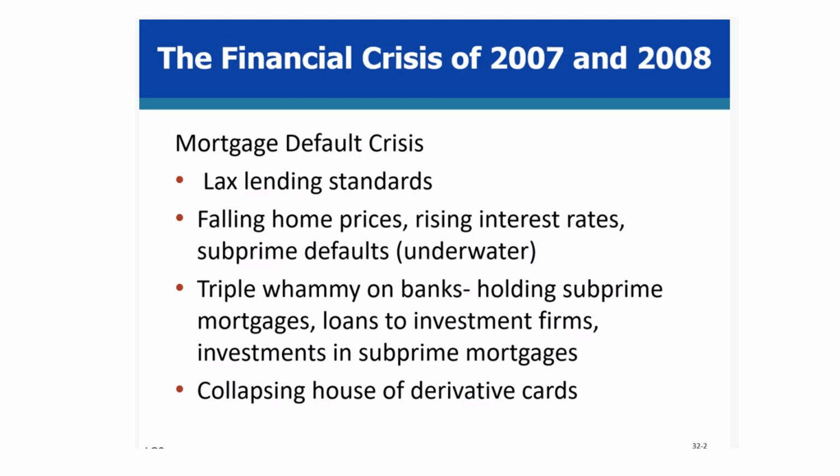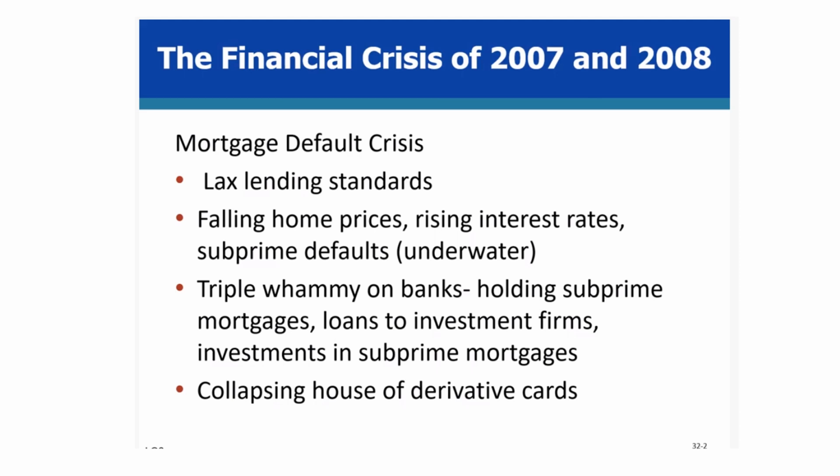Many Americans decided it's not worth it to continue to pay on a mortgage where the home price is worth far less than the mortgage balance, and they simply walked away from their mortgages, handing the keys back over to the bank. Mortgage defaults introduced insanity into the derivatives markets, specifically mortgage-backed securities and those credit default swaps, collateralized debt obligations discussed earlier.